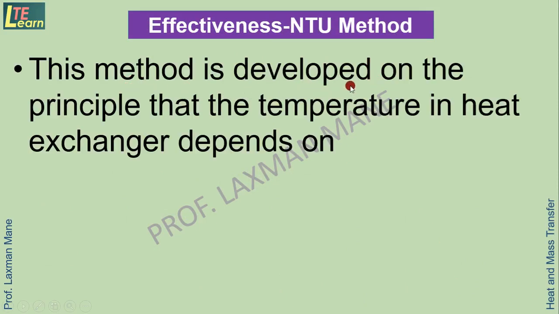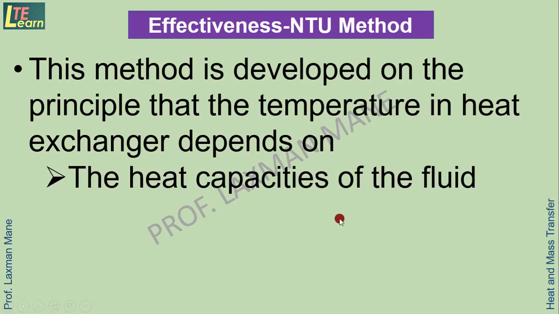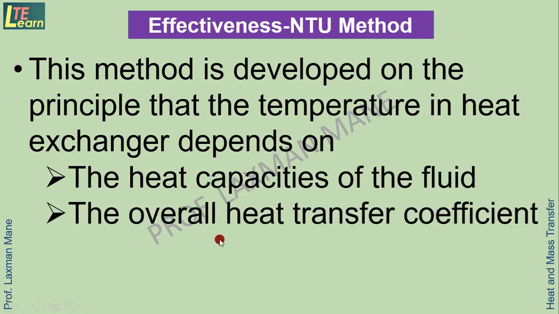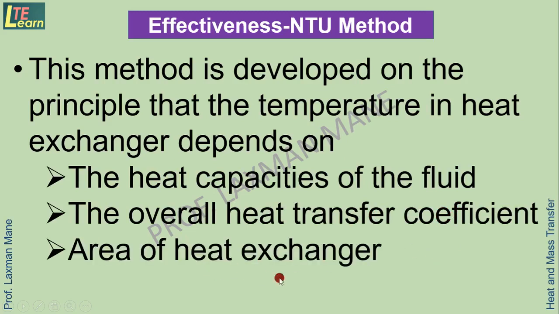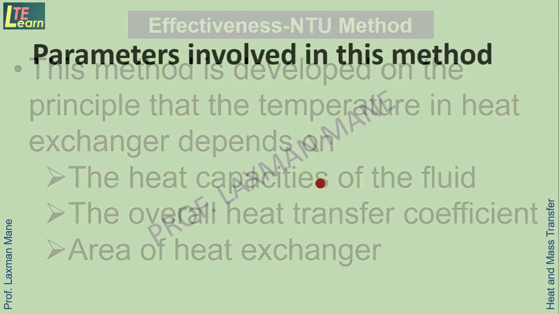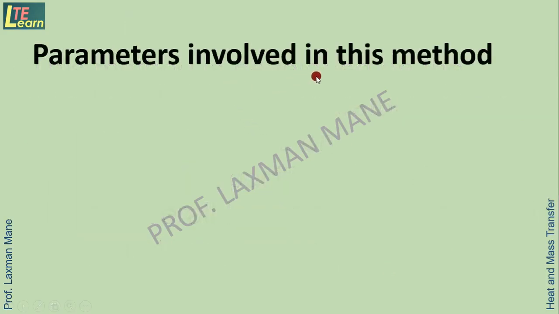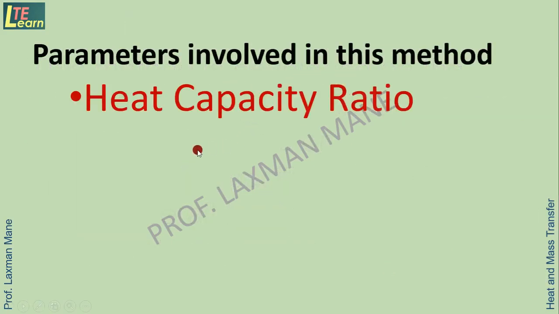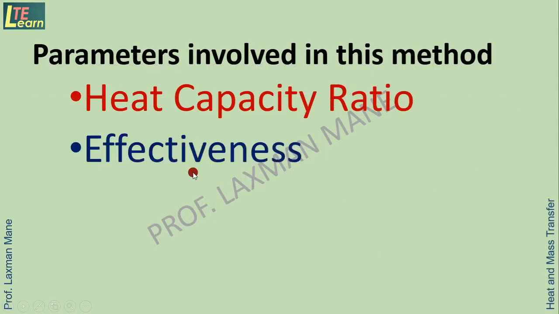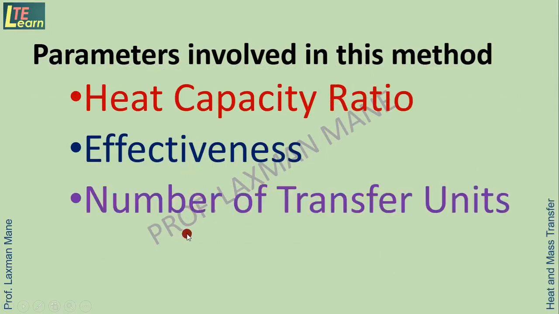This method is developed on the principle that the temperature in a heat exchanger depends on the heat capacities of the fluid, the overall heat transfer coefficient and the area of the heat exchanger. Parameters involved in this method are heat capacity ratio, effectiveness and number of transfer units.